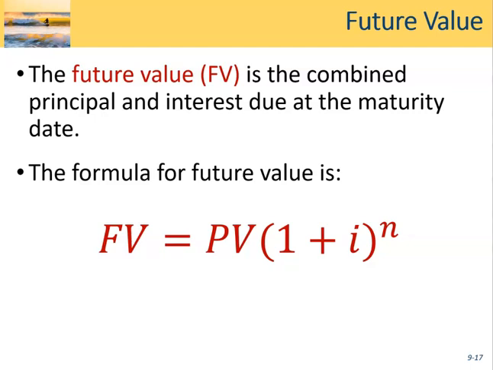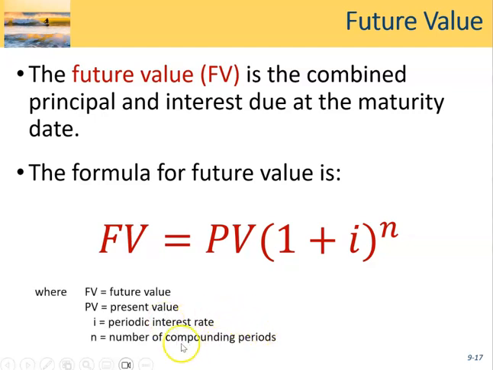And n is your number of periods over the life of the loan, so the number of compounding periods. And if you remember, going back to BEDMAS, we must do this calculation first. We need to do the bracket, the 1 plus i, and then we need to do the exponent before we multiply it by the present value.